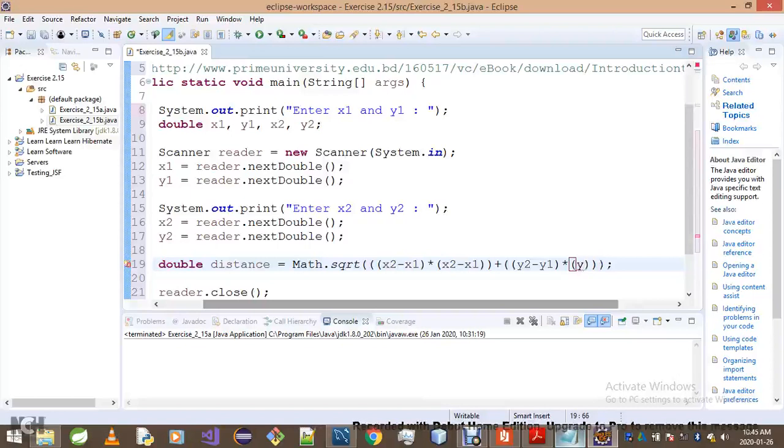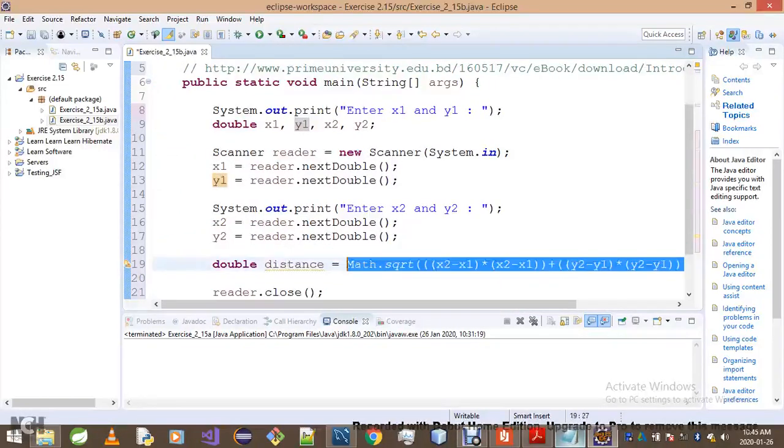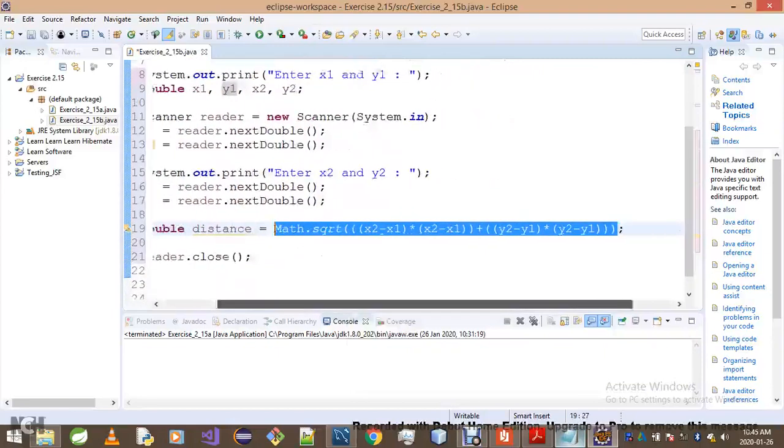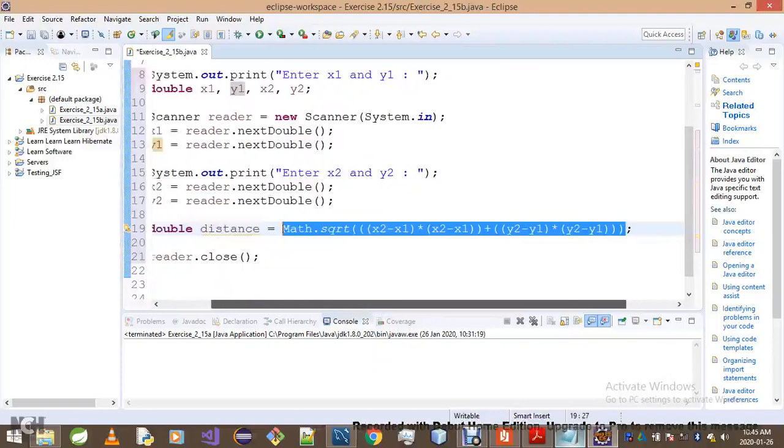So it's actually y2 minus y1. You see, you did everything in one line. We did not necessarily need to use the pow method either.